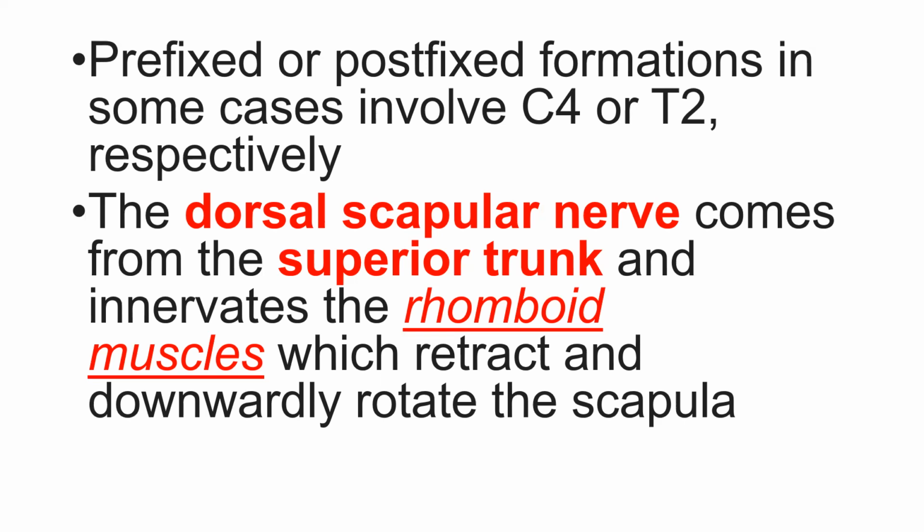And these retract the scapula, and downward is the direction in which the scapula is rotated. So it retracts the scapula, and there is a downward force on the scapula, secondary to the nerve supply of the muscle, which is the rhomboidus major and minor.